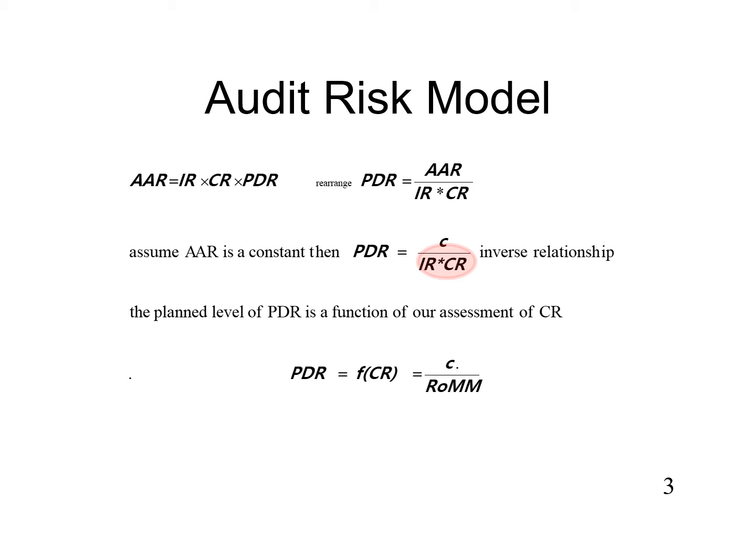Our audit takes on a sequence. Plan detection risk becomes a function of control risk. So if we think of audit risk as a constant set by auditing standards, then we see that plan detection risk, we don't know what that is until we figure out what our control risk is.